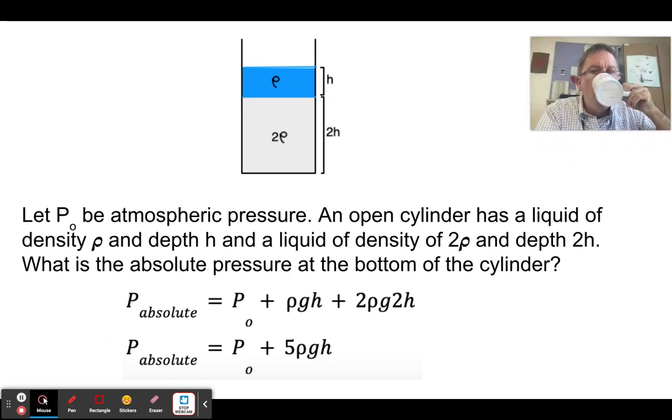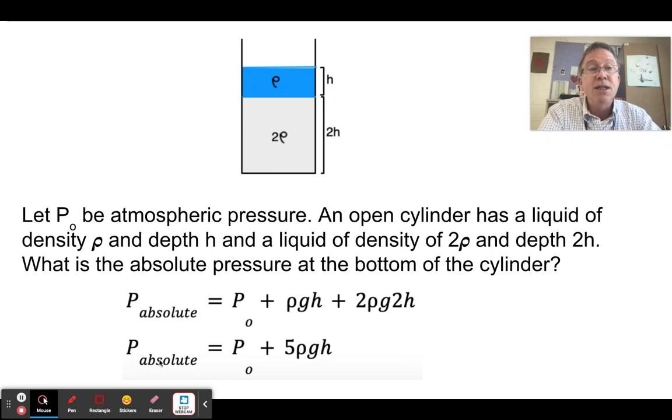Okay, so let P naught be the atmospheric pressure up here. An open cylinder has liquid of density rho to a height of h, and then it has a liquid of density 2 rho to a height of 2h. I want to know, what is the absolute pressure at the bottom of the cylinder? Remember, for absolute pressure I have to take into account atmospheric pressure.